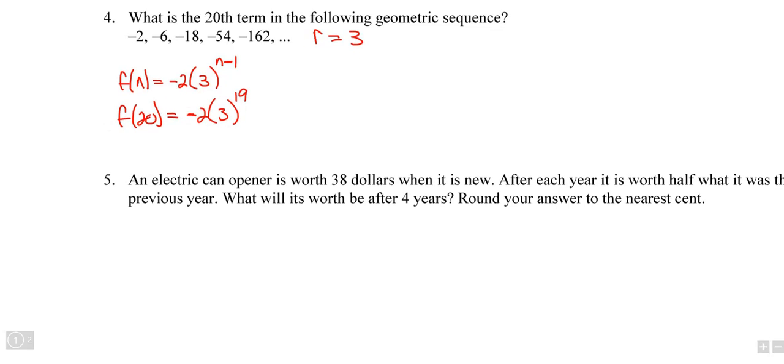And when you punch that into the calculator, you see that the 20th term is going to be negative 2,324,522,934.